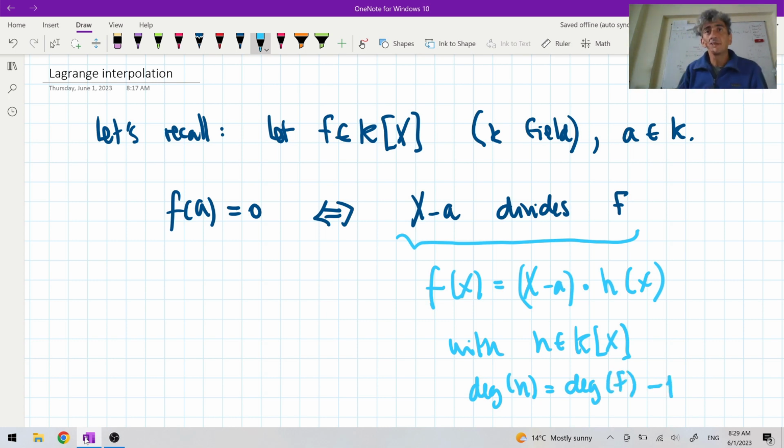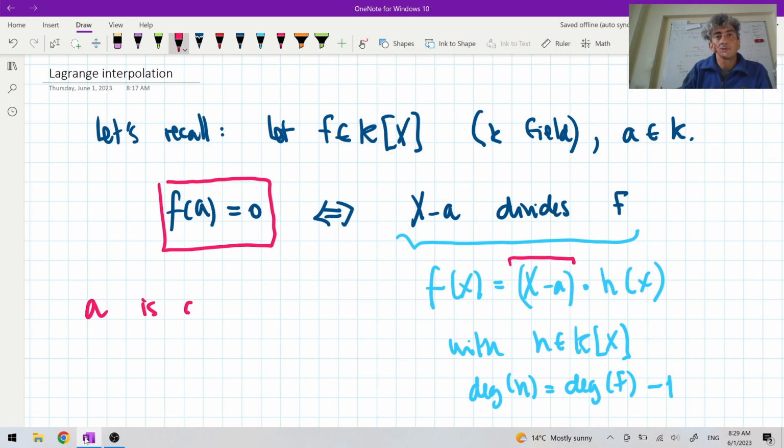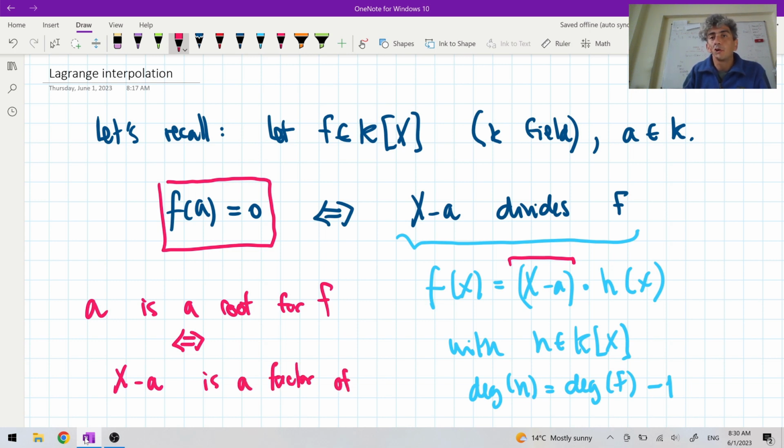Okay, so there's a correspondence between roots of a polynomial and factors of a polynomial. a is a root for f if and only if x minus a is a factor of f.